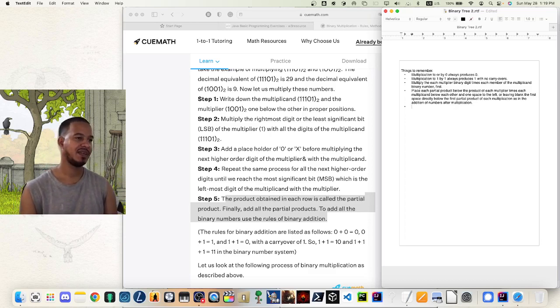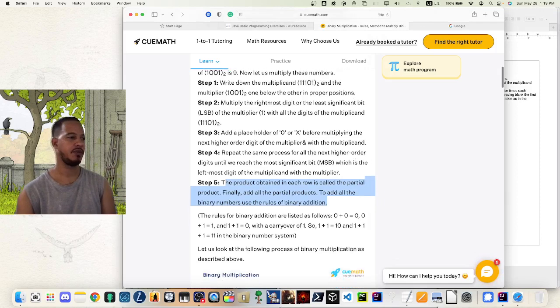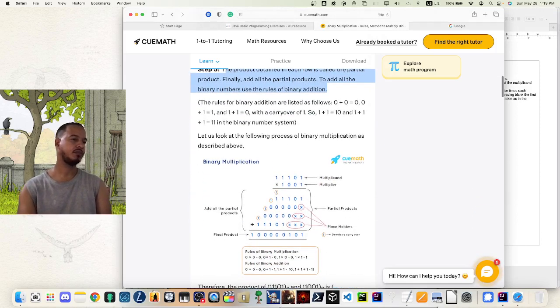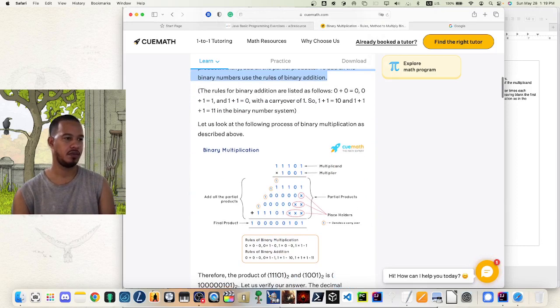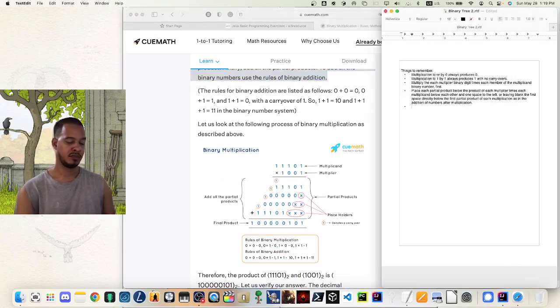And remember, let's see, what is the next thing that we need to remember? Let's find out. Okay. Carryovers follow the rules of binary number addition, and remember that 1 plus 1 equals 10.